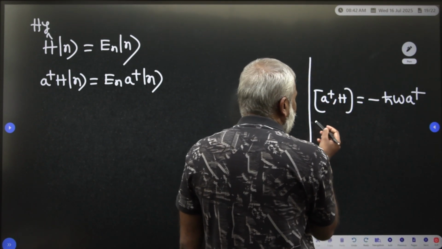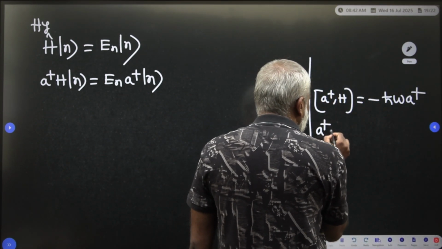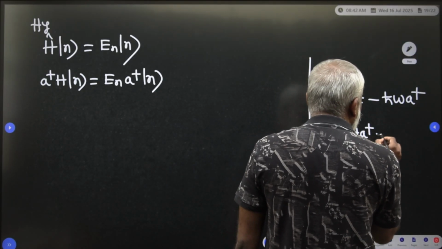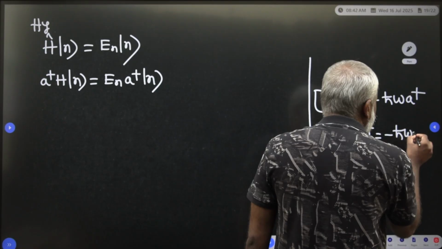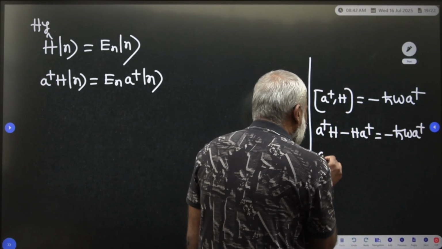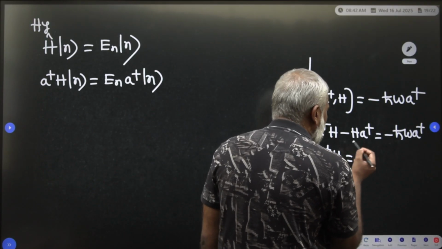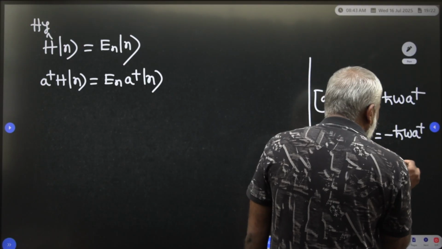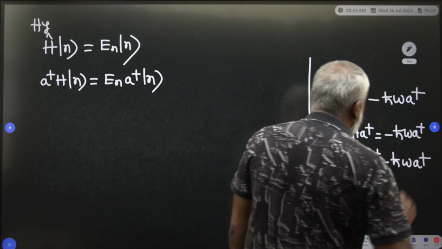This value you already know, so you have to split it: a dagger H minus H a dagger is equal to minus ħω a dagger. So a dagger H is equal to H a dagger minus ħω a dagger.